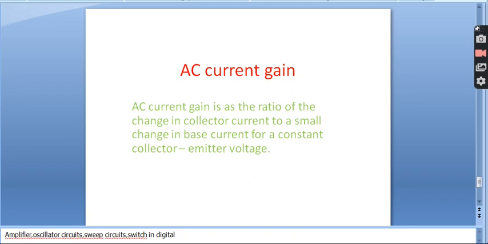Another application is that it is also used in regulator circuits. These are some of the applications of a transistor.